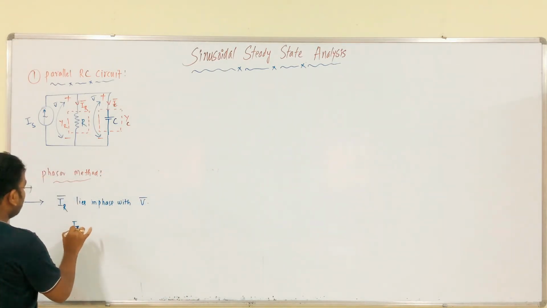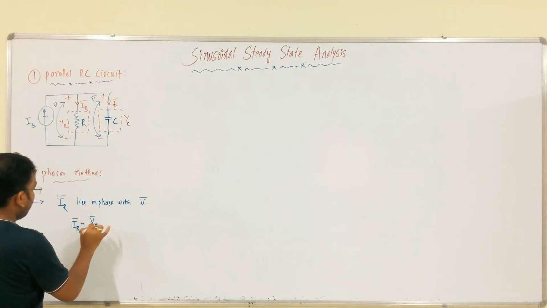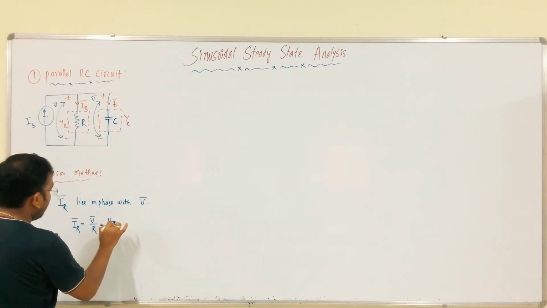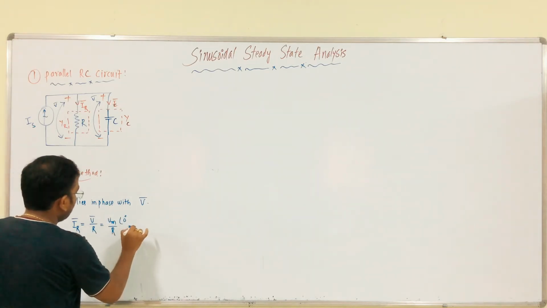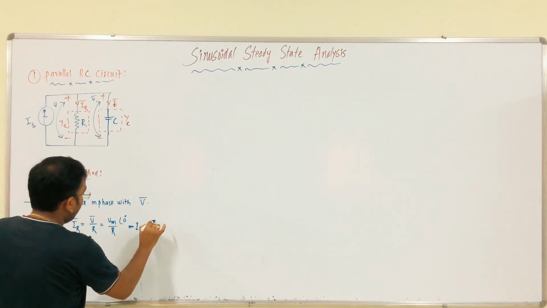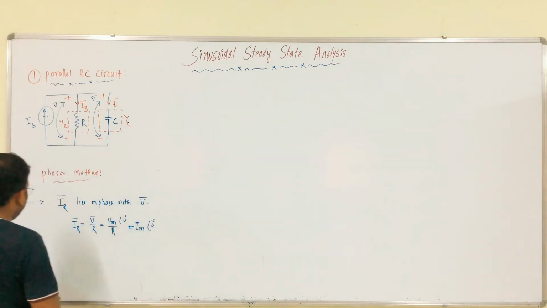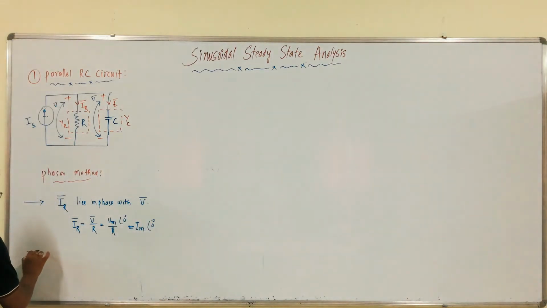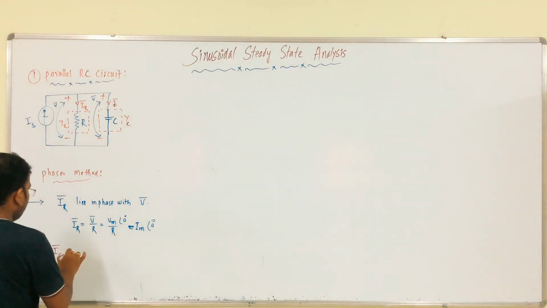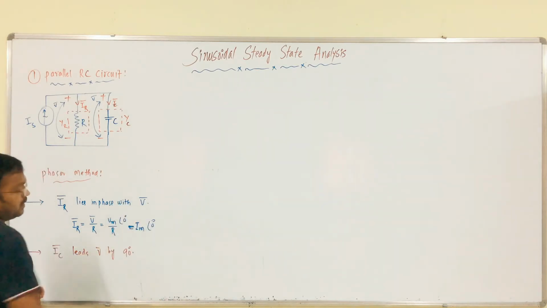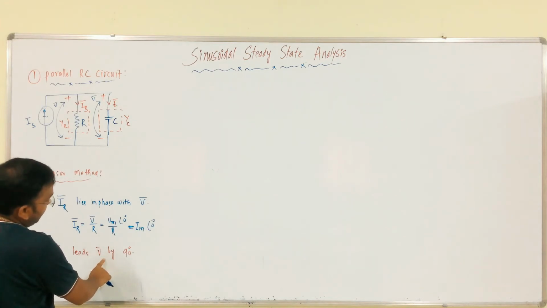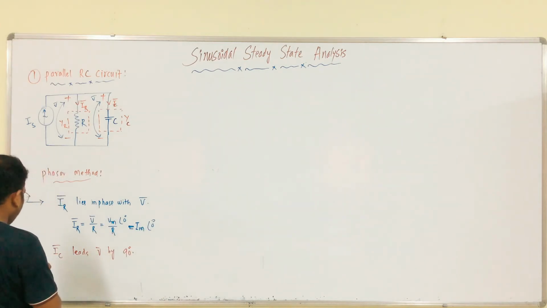Therefore, I is equal to V by R, which is equal to Vm at an angle 0 by R, which is equal to Im at an angle 0. Clear? Like that, coming to IC, IC leads V by how many angles? 90 degrees. IC leads V by 90 degrees.